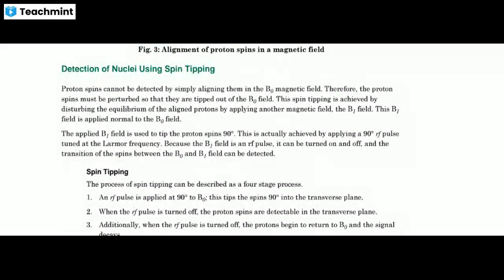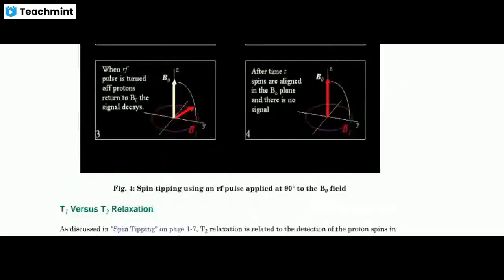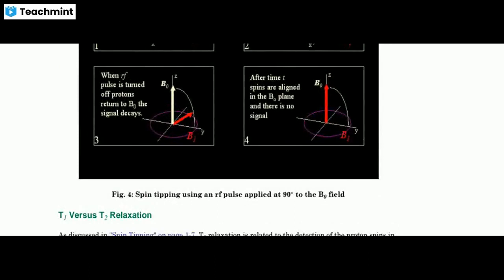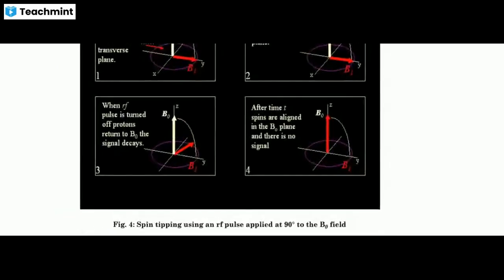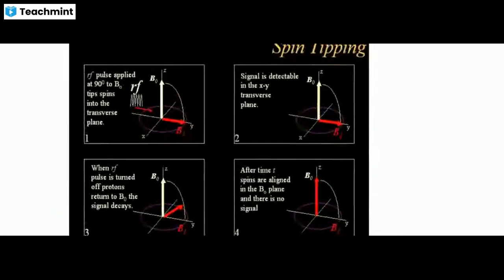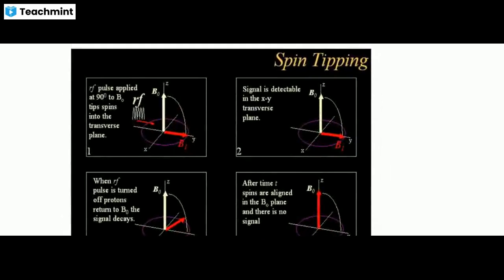In the next slide, you can see spin tipping using the RF pulse applied at 90 degrees to the magnetic field. You can see the concept of spin tipping. The RF pulse applied at 90 degrees to B0 tips spins into the transverse plane and the signal is detectable in the XY transverse plane.